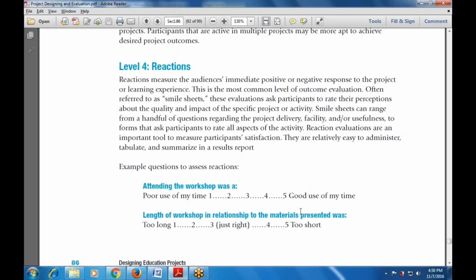Reaction evaluations are an important tool to measure participant satisfaction, and they are relatively easy to administer, tabulate, and summarize.